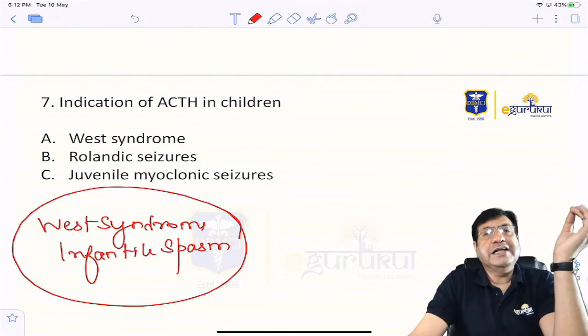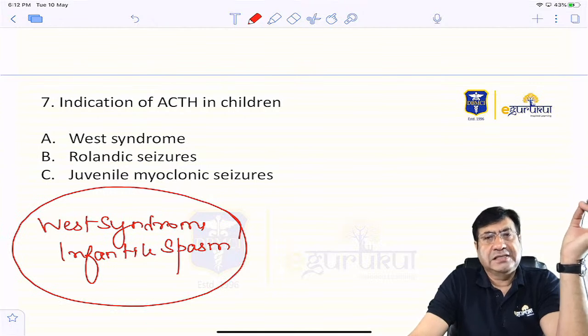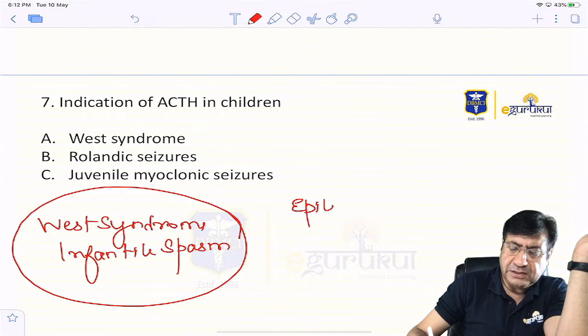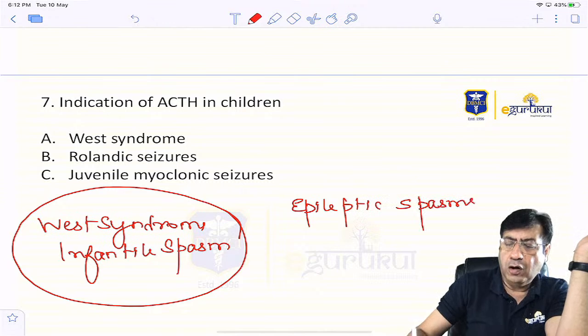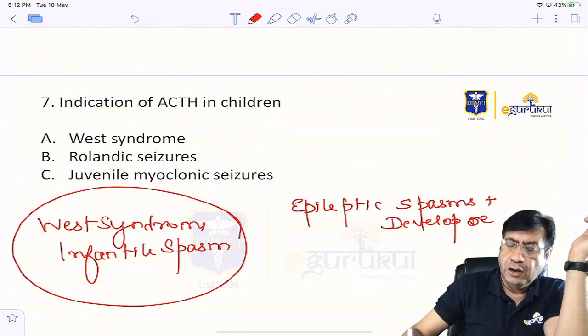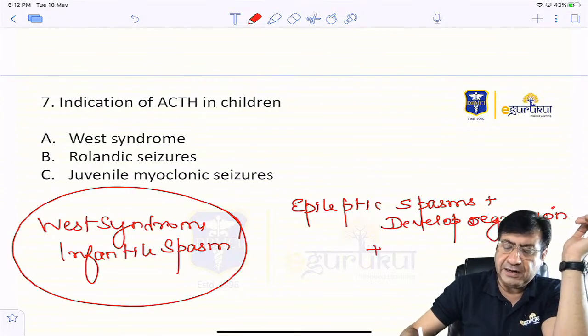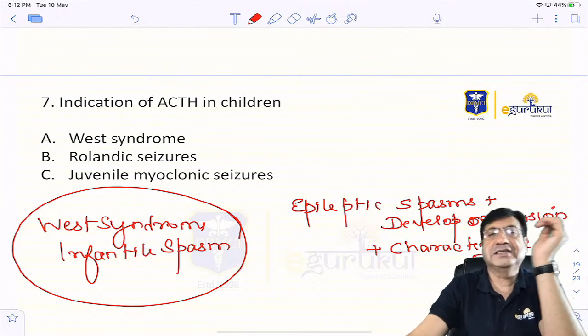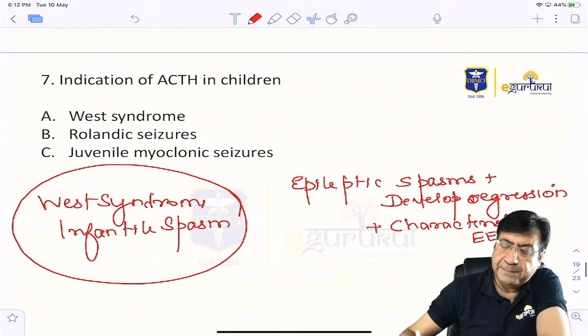West syndrome or infantile spasms typically occur in infants, and they are a combination of, as I told you, epileptic spasms along with developmental regression or psychomotor regression, along with a very characteristic EEG pattern which is called hypsarrhythmia.